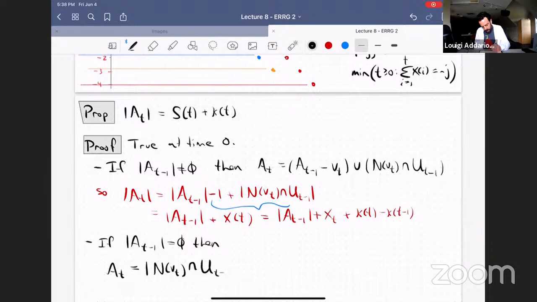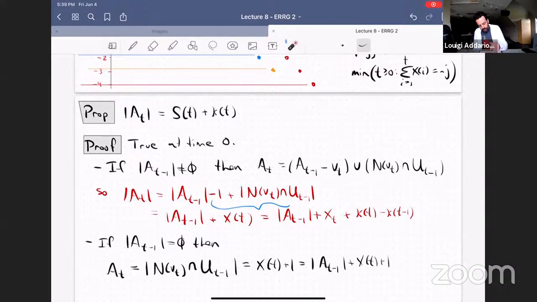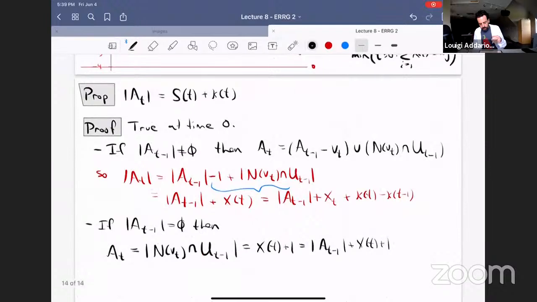So that's the size of N of vt intersect Ut minus 1. That's equal to xt plus 1 this time, which we can also write as At minus 1 plus xt plus 1, because At minus 1 was empty. I haven't changed anything there. Now at times like this, these are the times when kappa changes, so I can write that as At minus 1 plus xt plus kappa t minus kappa t minus 1.